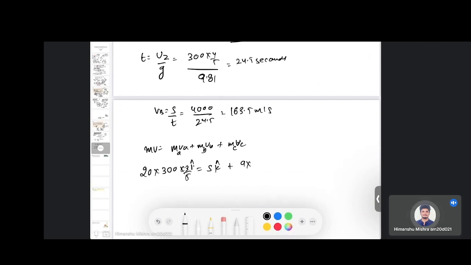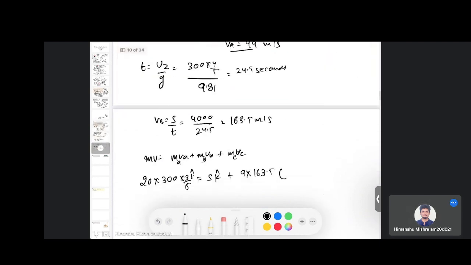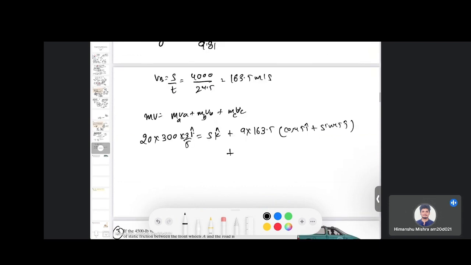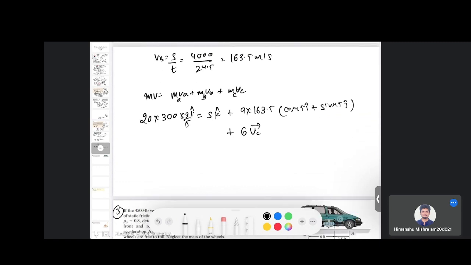My velocity VB is 163.5. So this is a magnitude. And what is the direction? You can see it is in both x and y direction at an angle 45, right? So it is cos 45 in the x direction and sin 45 in the j direction, plus the mass of particle C, which is 6 Vc.